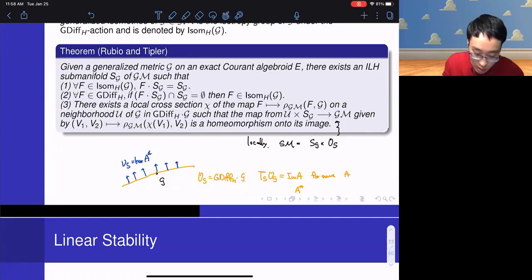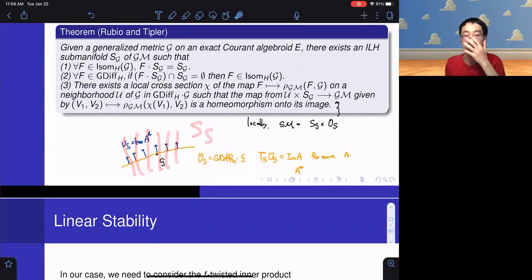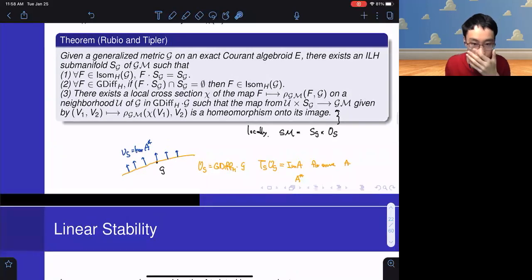After that, if we have a normal bundle, then we can integrate it so that we will generate the slice S_G. Okay, this is the idea of their proof. Actually, this is the idea from Ebin and Palais.